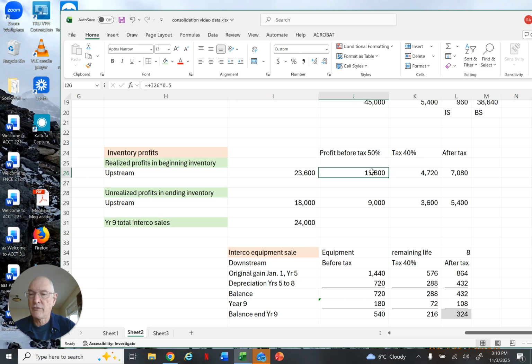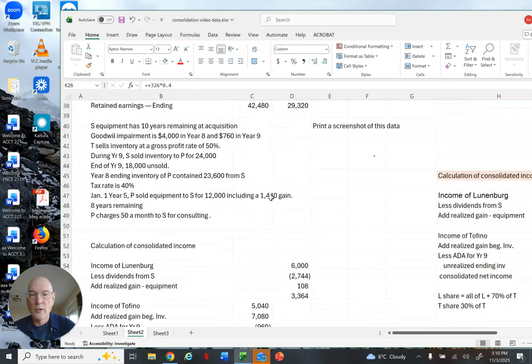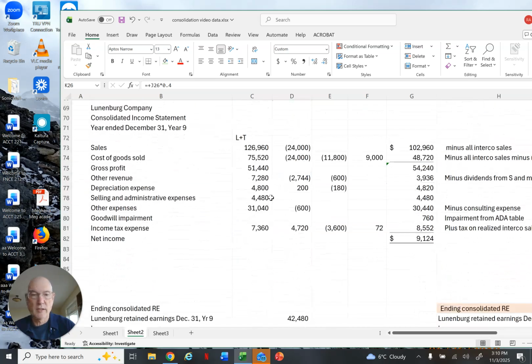Now notice this is before tax, because when it comes to the realized profit in inventory, we want to get that back. So we're deducting that from cost of goods sold. But next I want to draw your attention to the tax at 47.20. When we do this, here's the deduction from cost of goods sold, increasing our income.